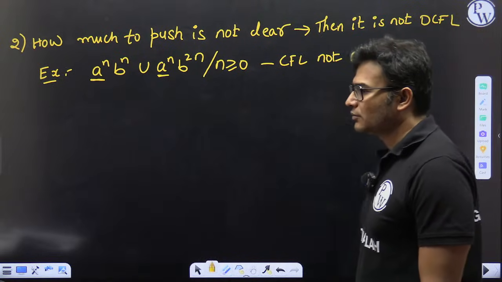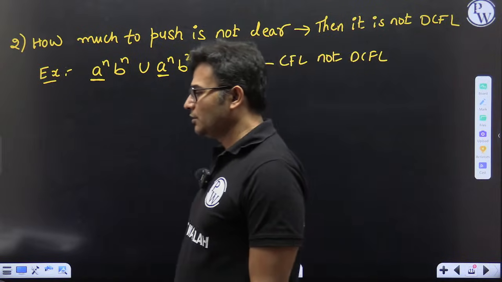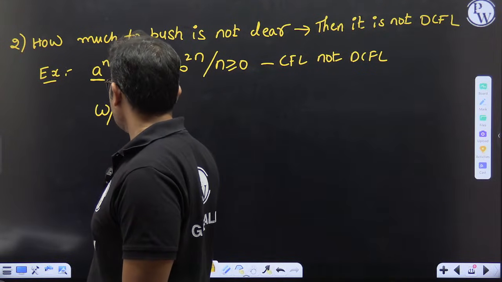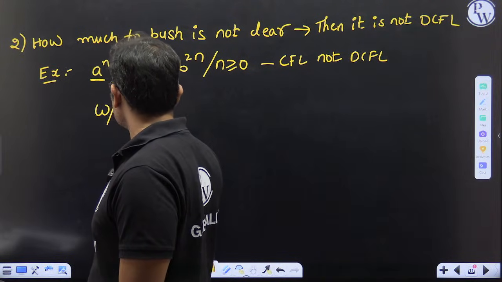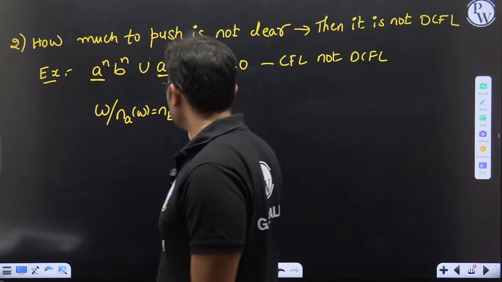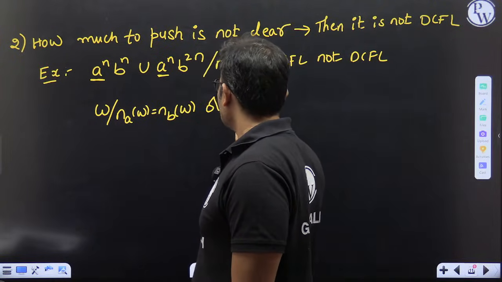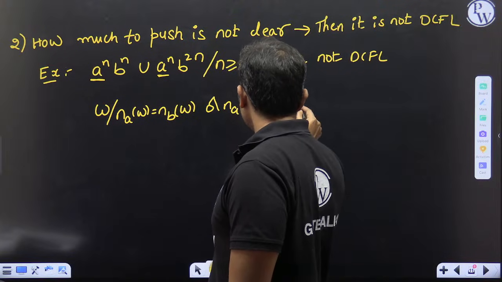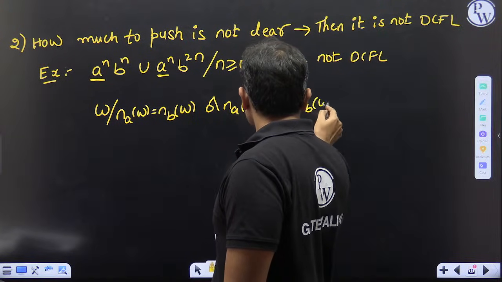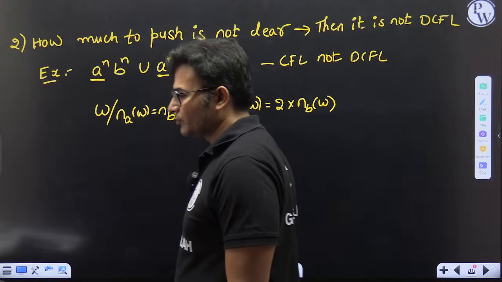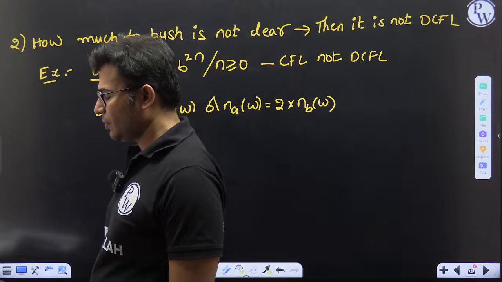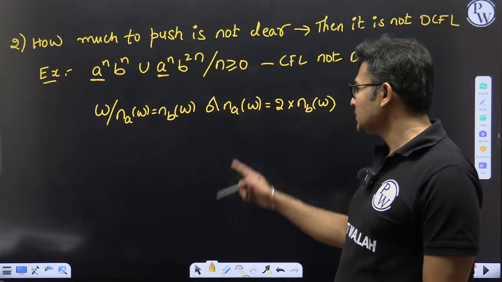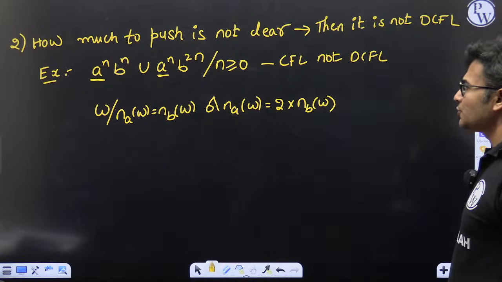Similarly, if you have a language like this, W such that number of A's in W is equal to number of B's in W, or number of A's in W is equal to 2 times number of B's in W. Now in this case also we don't know how many A's to push.